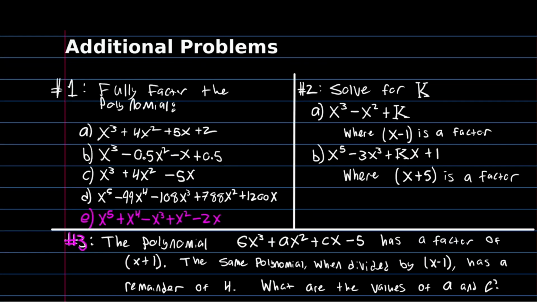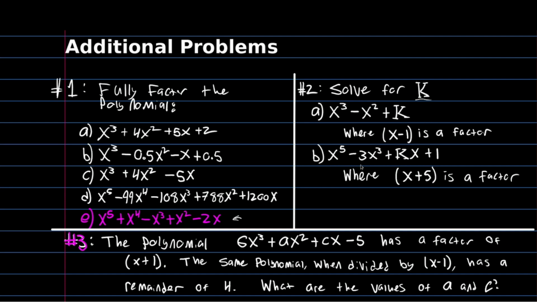So here are some additional problems that you can try on your own. Problem number 1, fully factor the polynomials listed here. Purple indicates that it's a slightly more difficult problem than you would probably expect to encounter. And problem number 2, solve for the variable k.